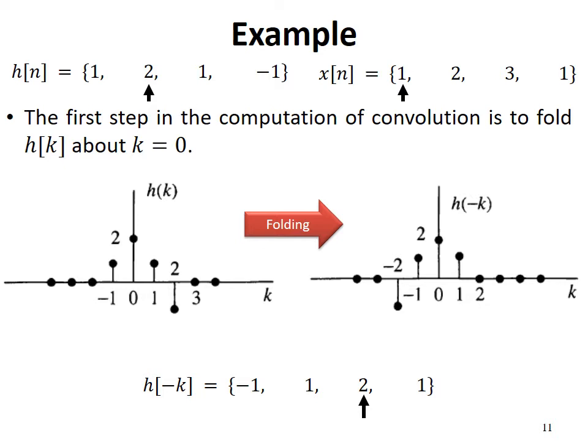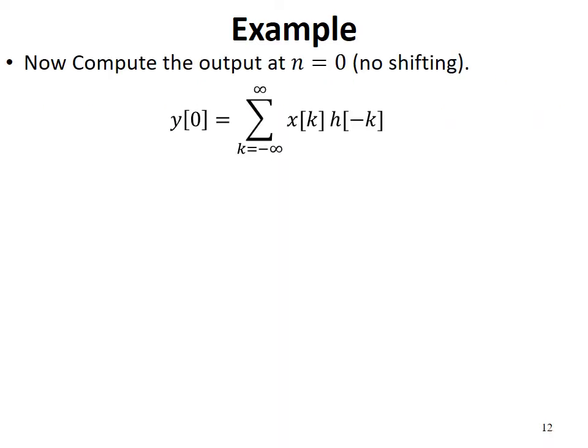Now the next step is time shifting, right? So before shifting the signal, we want to find out the convolution when n equal to 0. So when n is 0, first we'll compute the output when n equal to 0. It means no shifting, right? So the folded h of k would be multiplied with x of k.